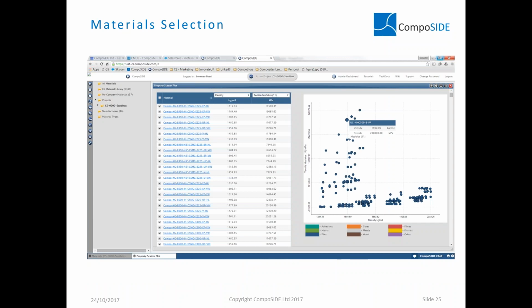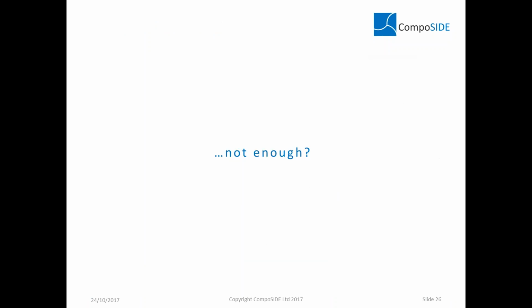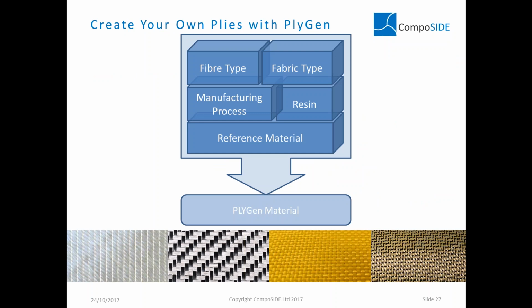Here's just a scatter plot of a selection of materials, so we can compare different properties and then look at the group of materials that are within our required properties. But if we don't have enough material properties, we can create our own using the PlyGen tool. We can select any combination of fibre, resin and manufacturing type to then create a material that we have confidence in to use for design.